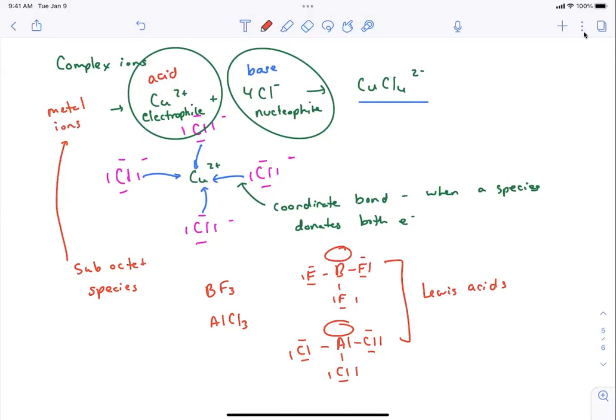Whether it's forming some complex or just a new bond, it looks like a synthesis reaction. So Lewis acids are metal ions and also sub-octet species like BF3 and AlCl3. Bases are anything that has a lone pair of electrons that can donate it.